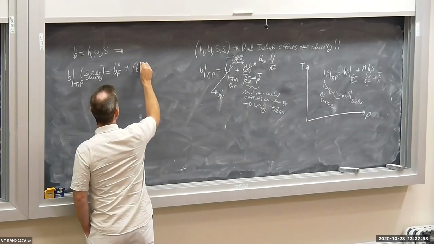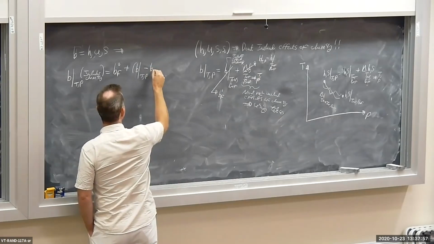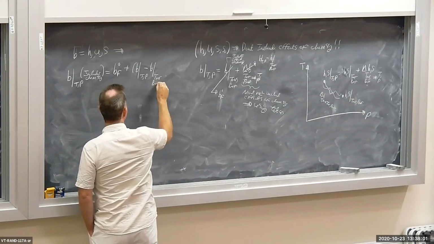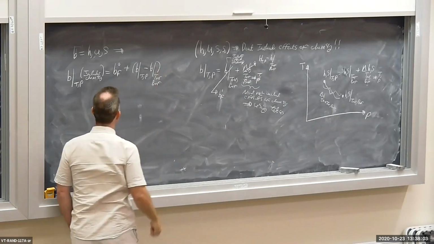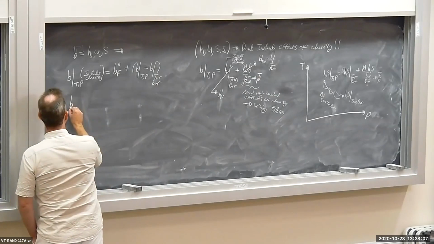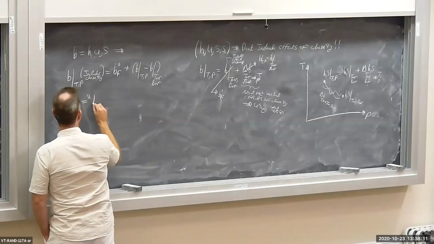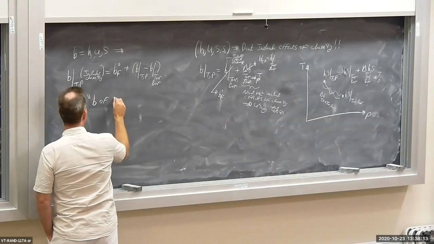This is beta evaluated at some temperature and pressure minus beta evaluated at the reference temperature and pressure, where B naught sub F is the beta of formation.